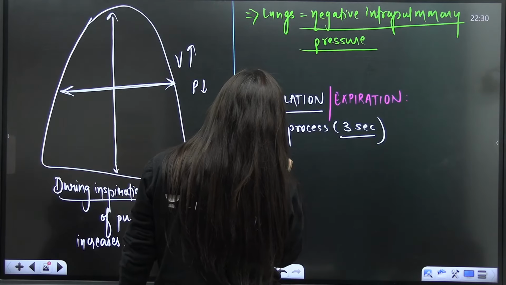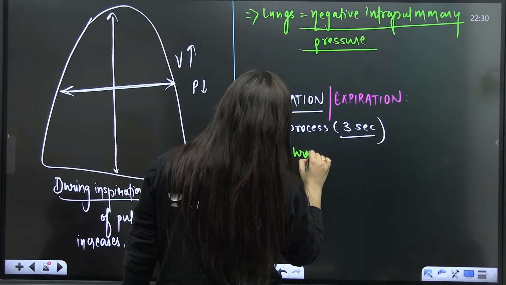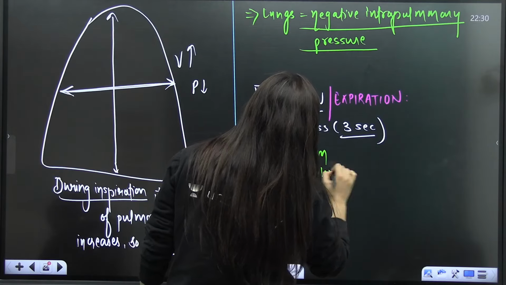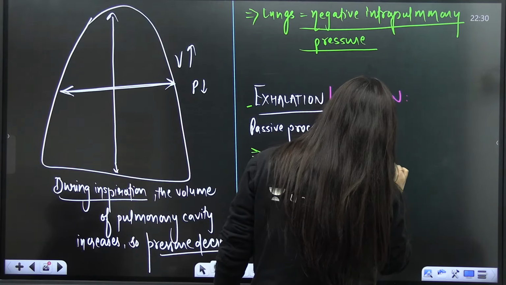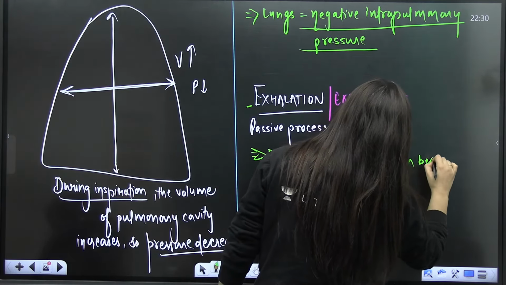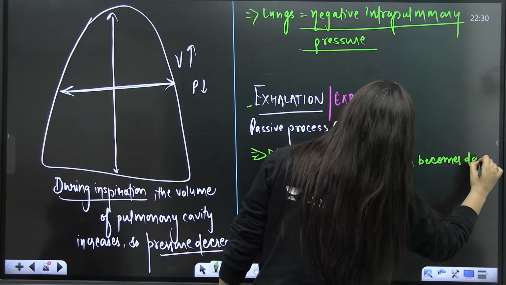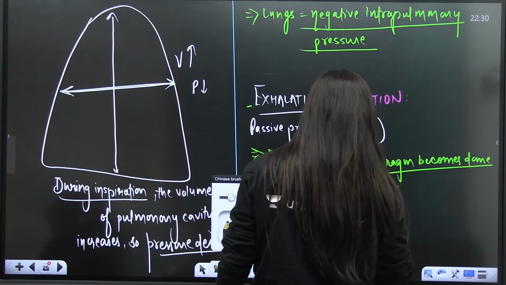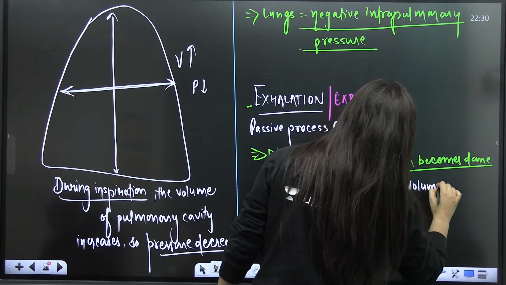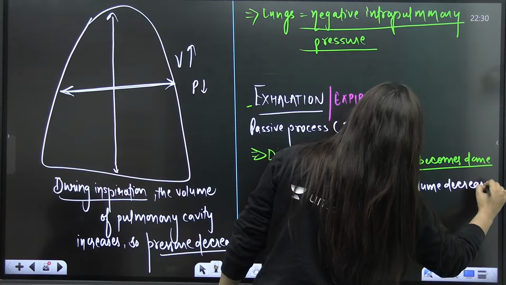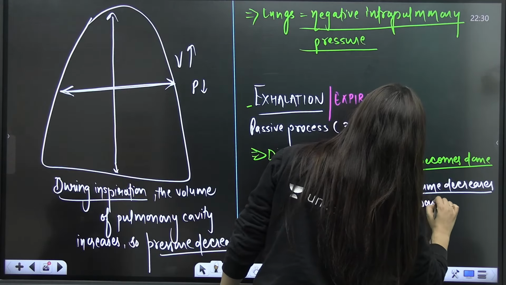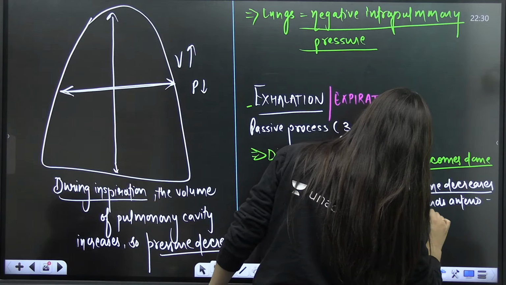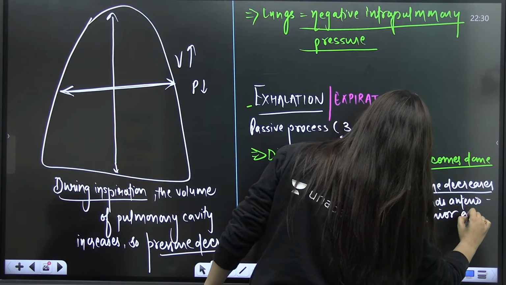Normally, if your diaphragm muscle relaxes, then again the diaphragm becomes dome shaped, and due to which again the volume decreases, or it will come back to normal the way it was, towards the anterior posterior axis.